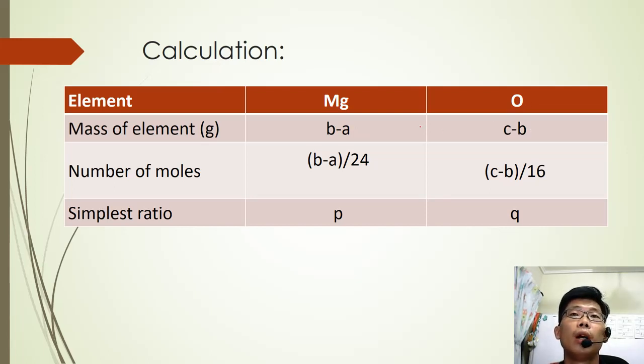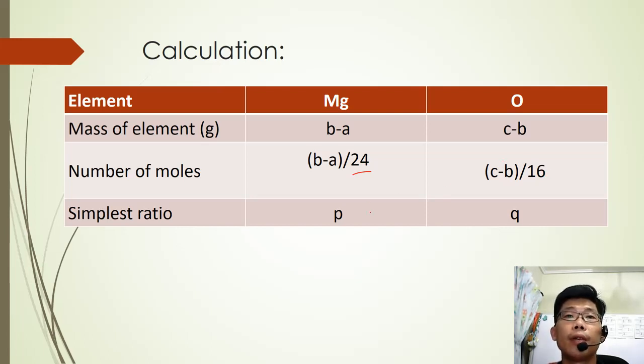So as we get the mass already, we can find the number of mole. So mass is B minus A over the molar mass for the magnesium is 24. So oxygen will be C minus B divided by the molar mass for the oxygen will be 16.